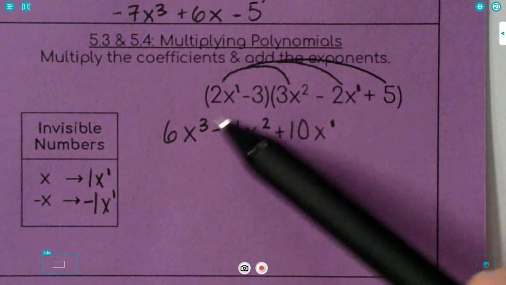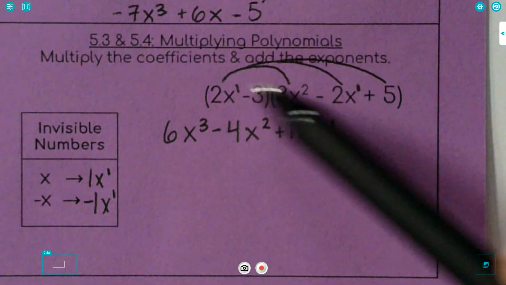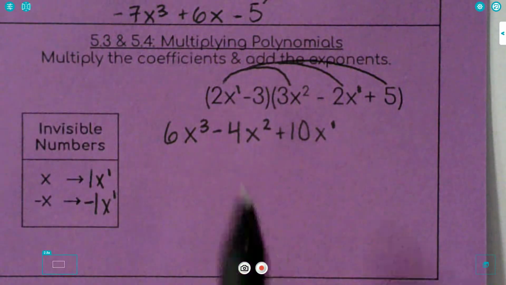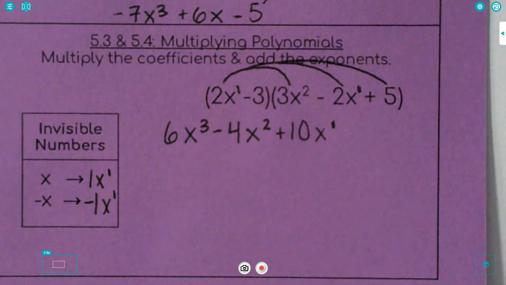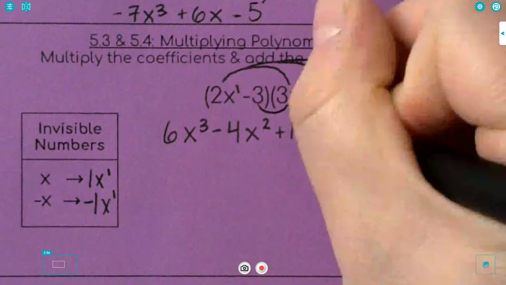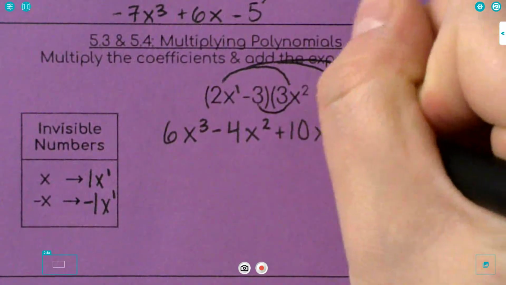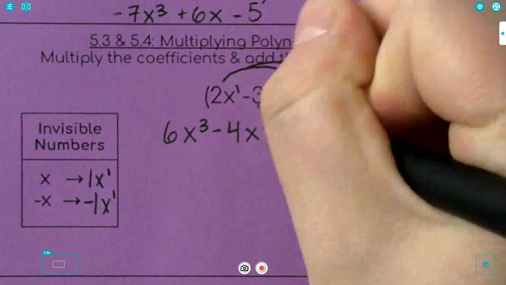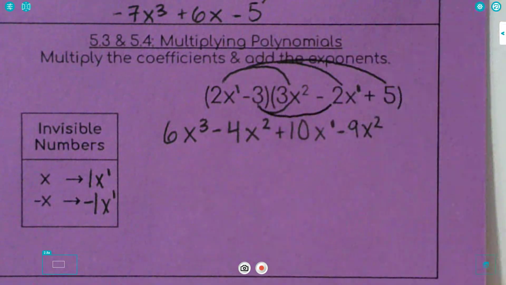Okay, so I always do the first guy times all of these, then I do the second guy times all of these. So if we were doing the box, this would be your top row, and now we're doing what would be your bottom row. Negative 3 times 3x squared is negative 9x squared. Negative 3 times negative 2x.